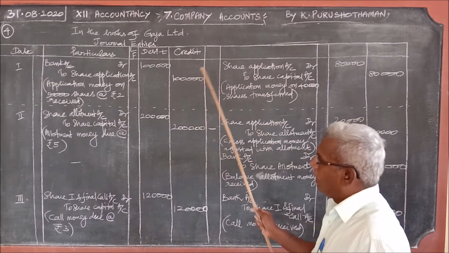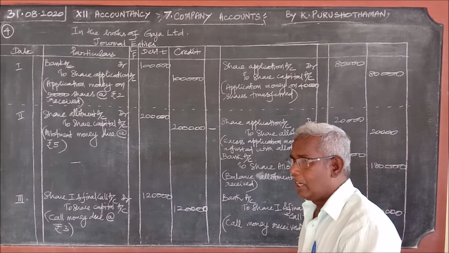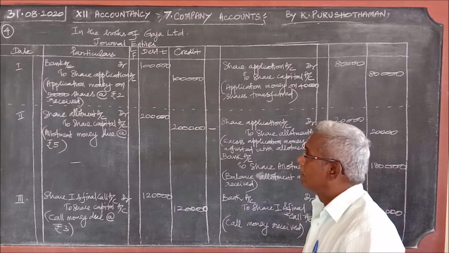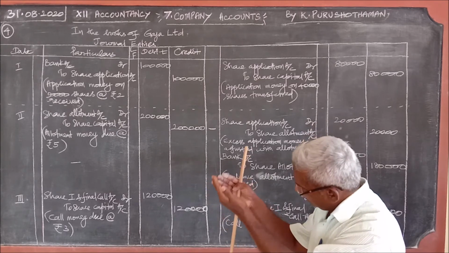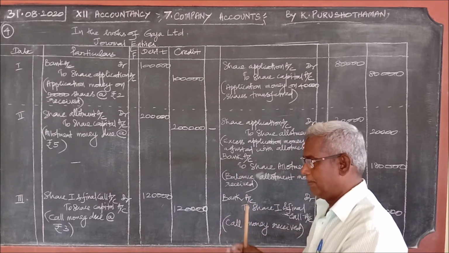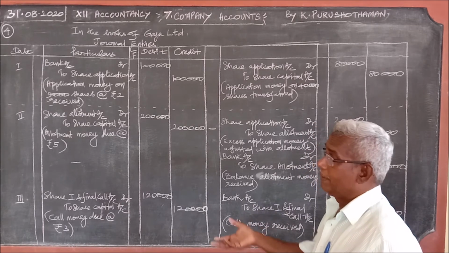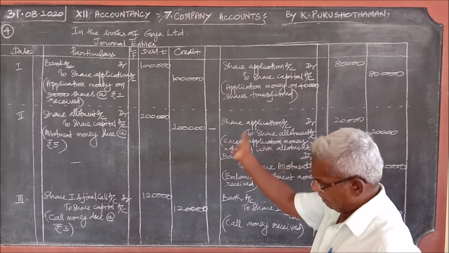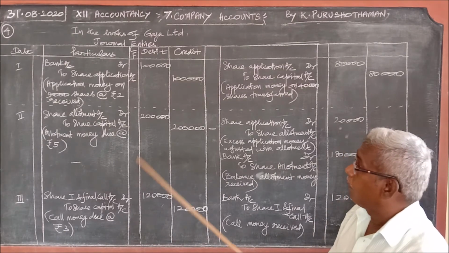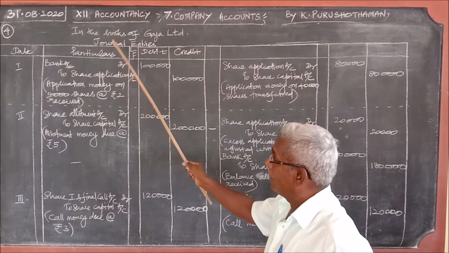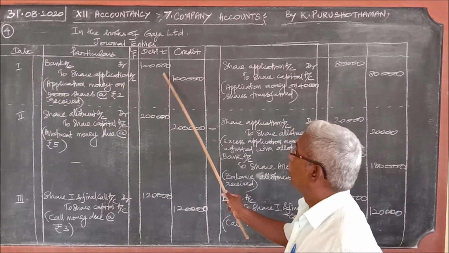Then how to fill up the amount? It is the normal procedure of any company that whatever number of shares are applied for, the money will be received by the company, that is by the bank. Even if it is applied for 1 lakh shares, all the money will be received first. Therefore, for the first entry, bank account debtor to share application account, 50,000 into 2, 1 lakh.